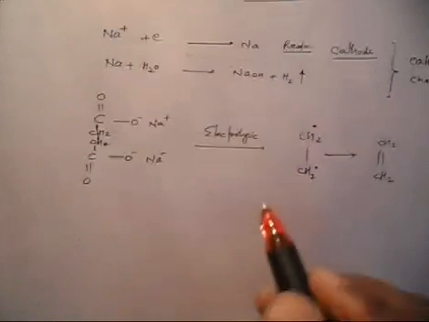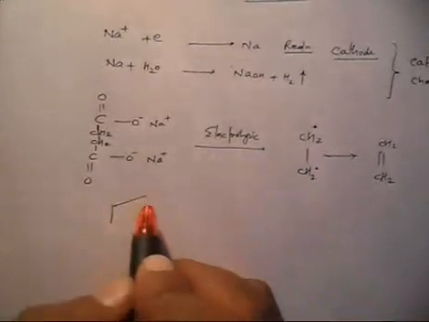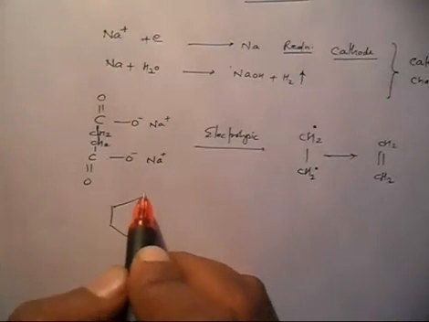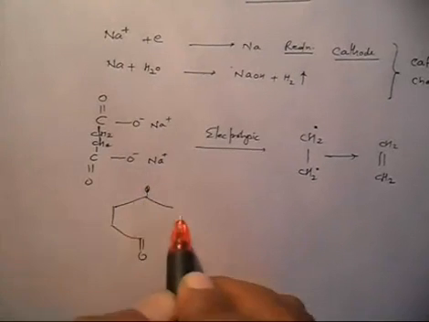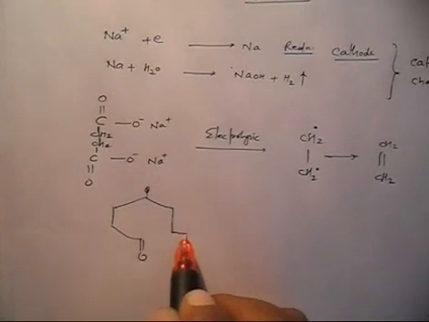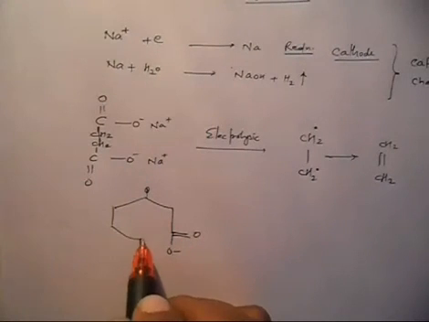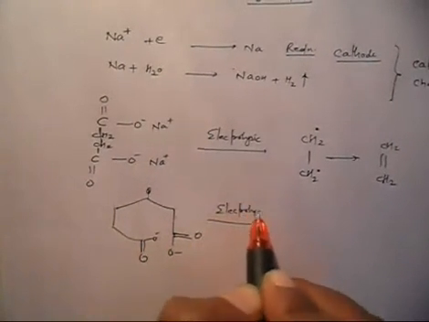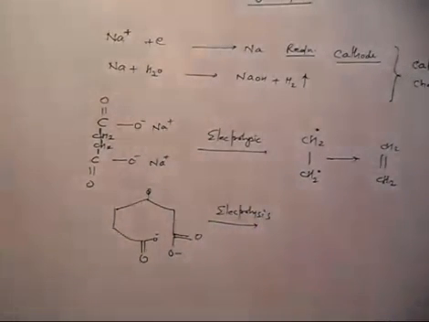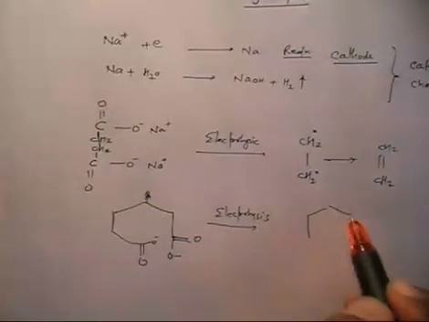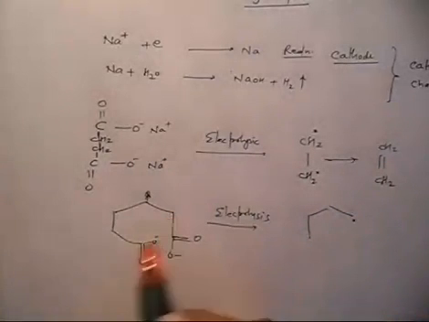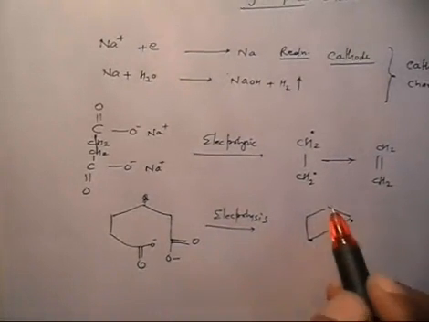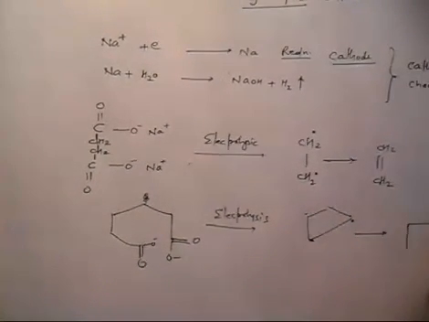You can also close a ring. If we have RCOO⁻ and another COO⁻ at the other end and do electrolysis, an intramolecular reaction, which is always faster than an intermolecular reaction, gives a radical at each end, and combining these two radicals you get a 4-membered ring, a cycloalkane.